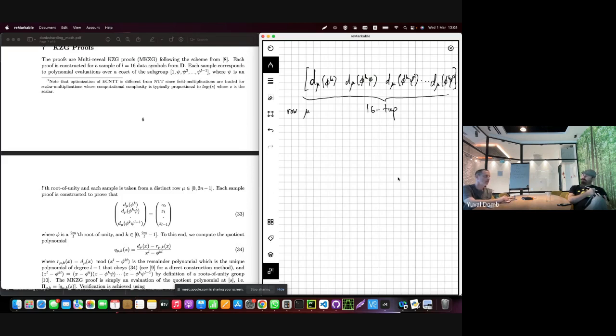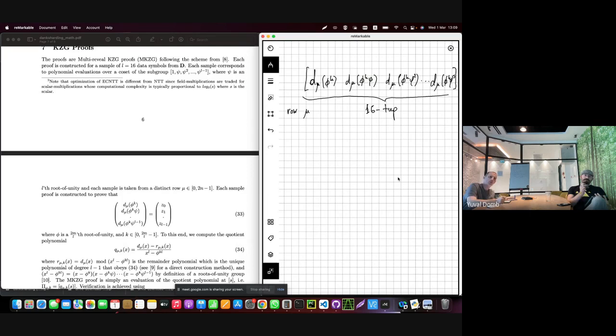The idea is that if I am a user or client of these systems and I want a certain data point, then I can request that data point and receive it with a proof. Then I check it with the commitment and I see that I really have what I requested. And the reason for concatenating 16 elements is, I think, maybe to decrease the number of proofs that we need to produce, right?